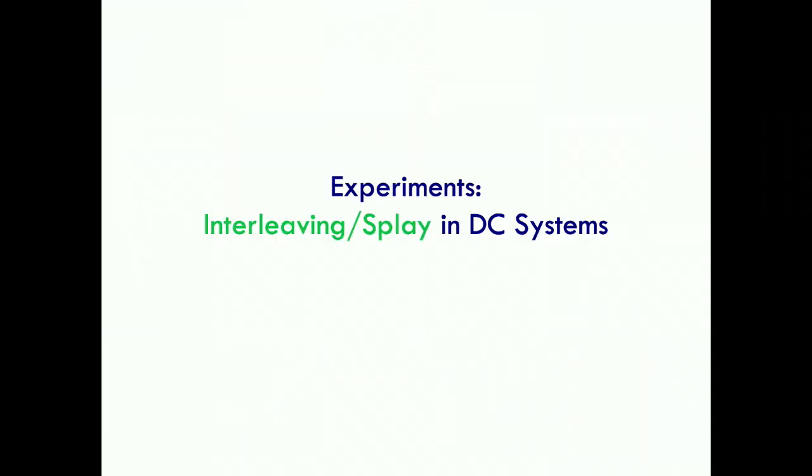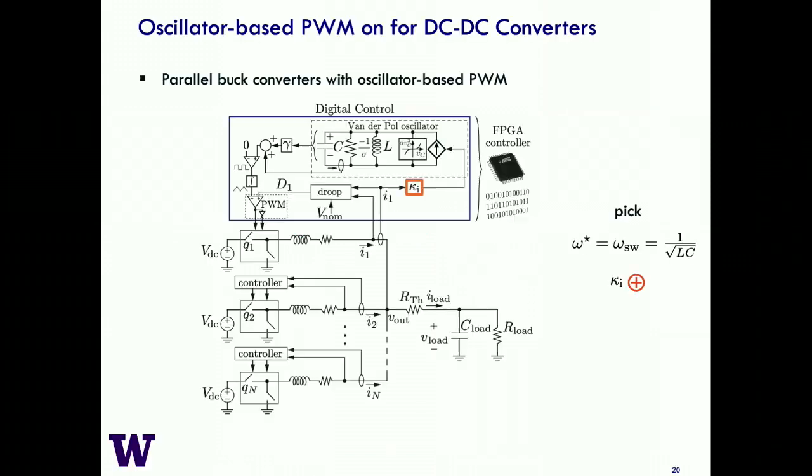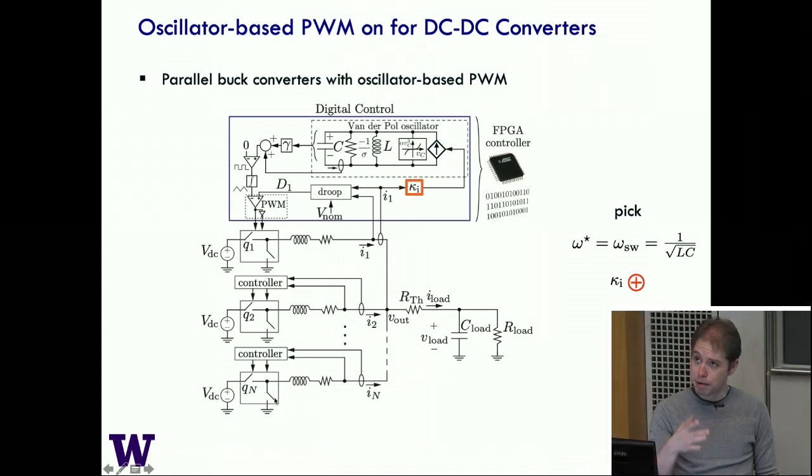Now let's switch gears to the DC case, and look at step-down buck converters. In this experiment, you have a DC voltage source powering a DC load on the right-hand side. In this modular structure, we have a bunch of buck converters in parallel with each other.